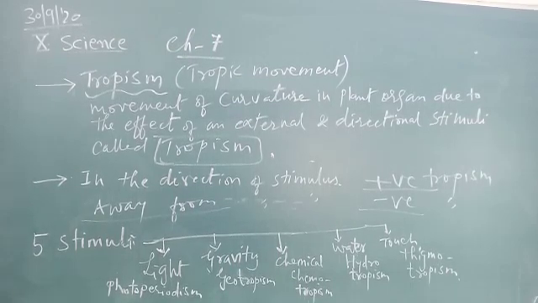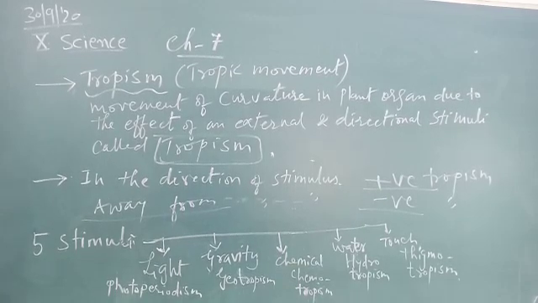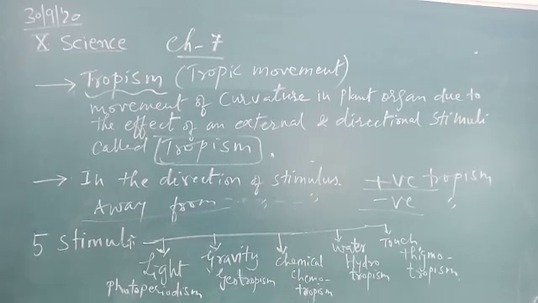Then hydrotropism, the movement of a plant part in response to water, is known as hydrotropism. For example, the roots of a plant always grow towards water. Roots show positive hydrotropism, and they always grow downwards and towards the side where water is available.